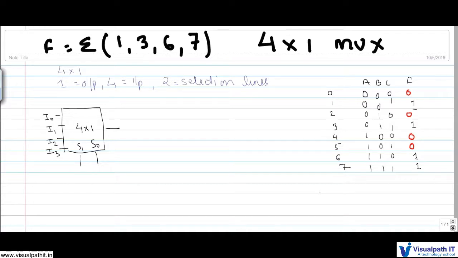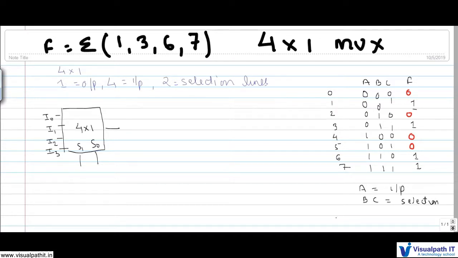Now the next step will be, I have to choose any variable for the selection lines, because it has 3 inputs A, B, C. I can choose any variable for the selection line, either A, B, or C. So for the sake of time, I will take A in the input, and B and C as selection lines, because it is a 4 cross 1 mux, so it has 2 selection lines.